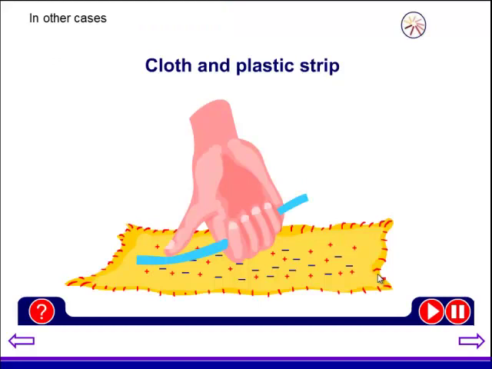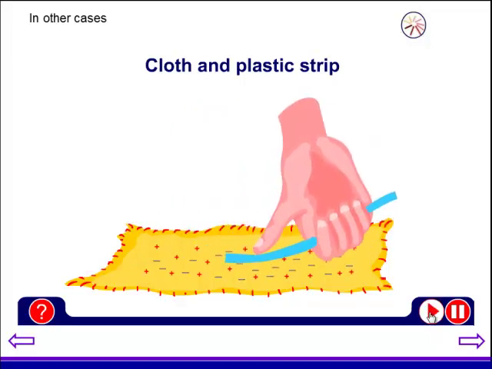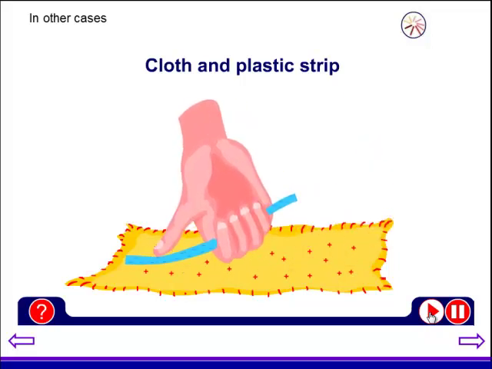Friction works fairly simply. If we have the right materials, what I can do is, if I have a cloth and a plastic strip, by rubbing vigorously, I can remove some of the electrons from the cloth and rub them off onto the plastic strip. So now I have a positively charged cloth and a negatively charged plastic strip.